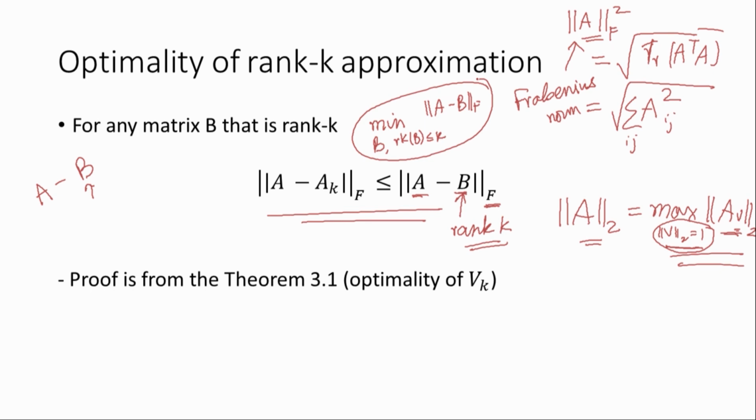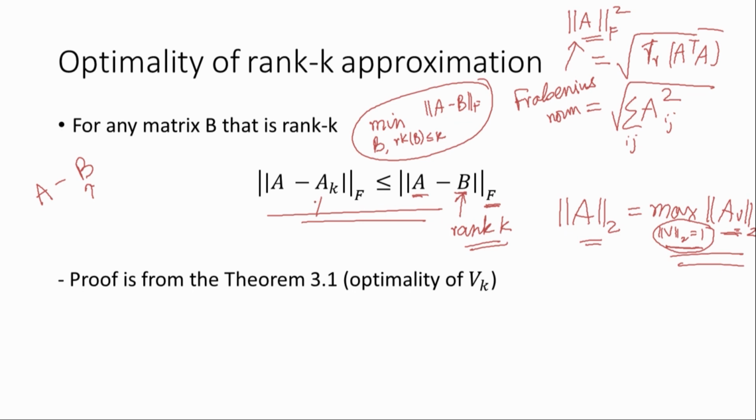It's not enough to do any low dimensional representation; you have to capture as much information about the data as you can. We measure that by taking the difference of this low dimensional matrix B and my original matrix A, subtracting them, and taking the Frobenius norm of the difference. And what is this matrix B that is closest to A? It turns out that the right answer is really the matrix AK that we have come up with.